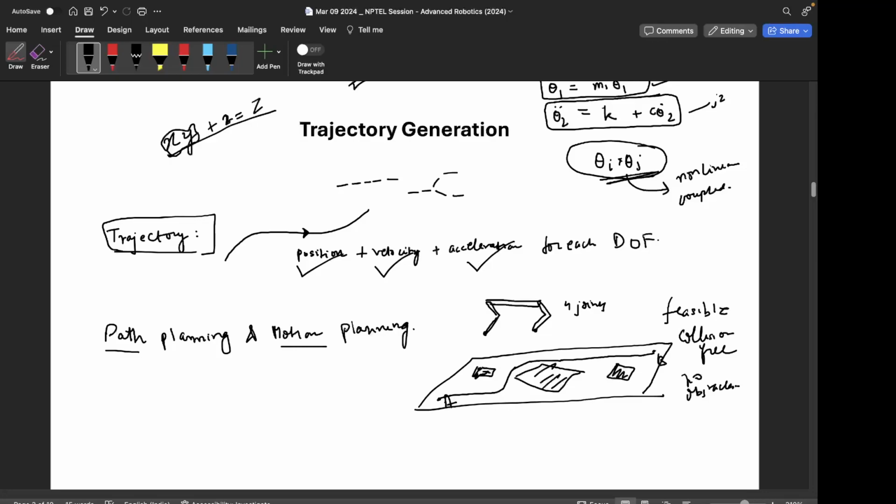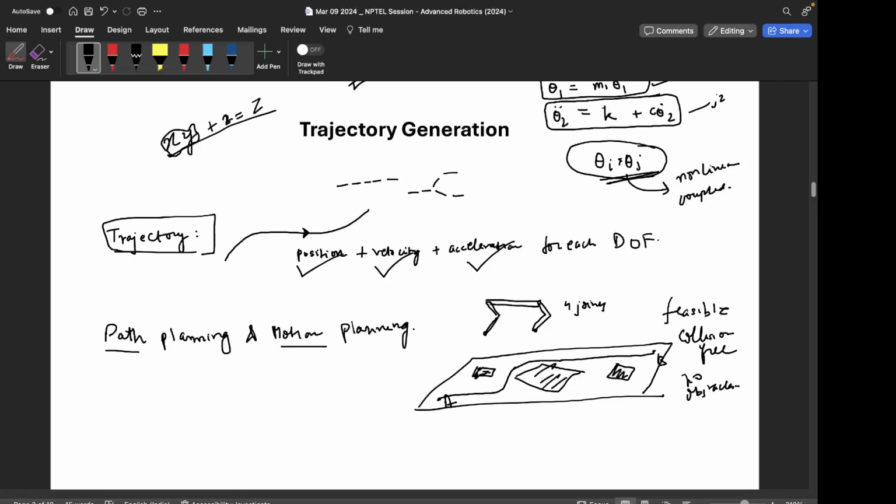What is the trajectory of each joint for this entire motion from A to B, so that this path is traced? So it's like moving from A to B. In order to move this exact robot from A to B, what are the trajectories that you would give to each of the joints? That is the domain of motion planning.